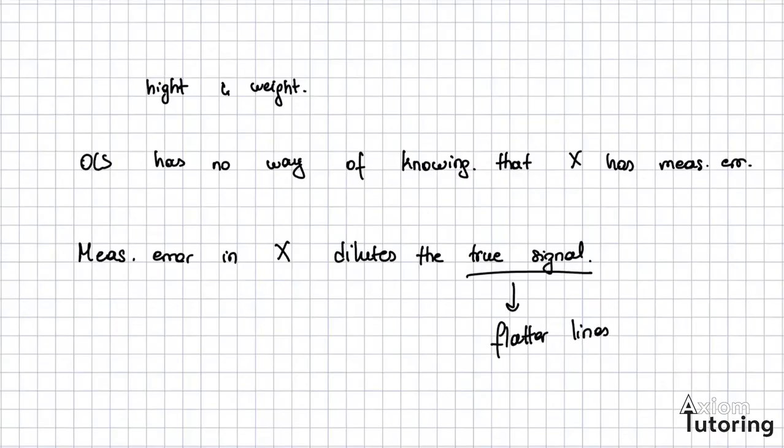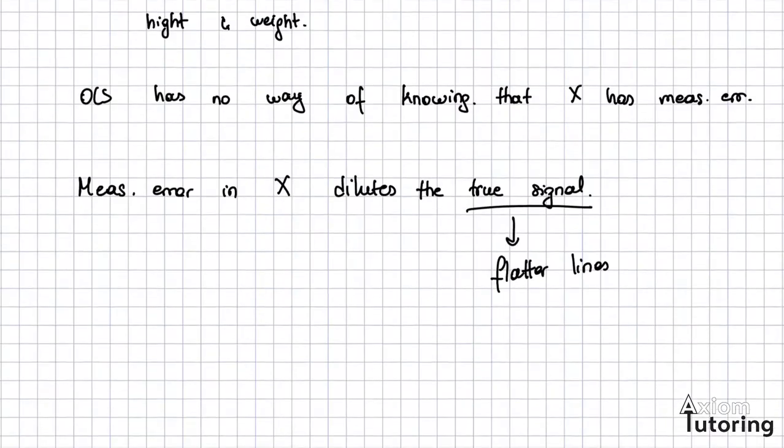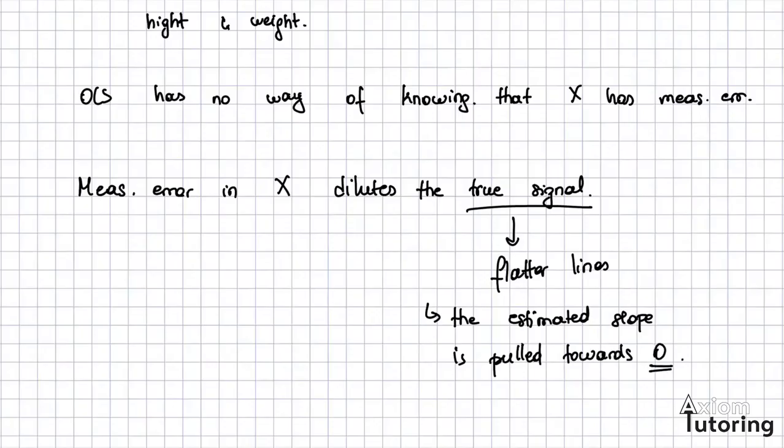So the estimated slope is actually pulled towards 0, not randomly, but systematically, every time in every sample.